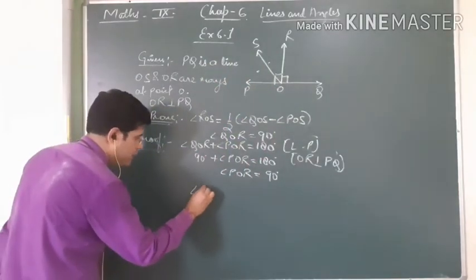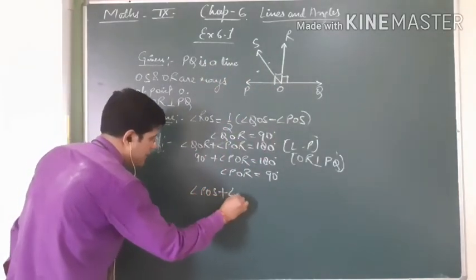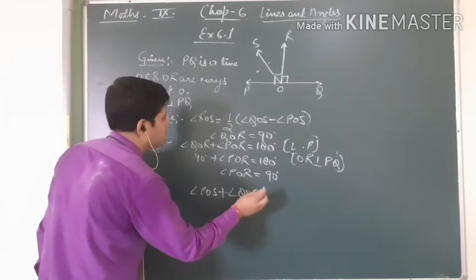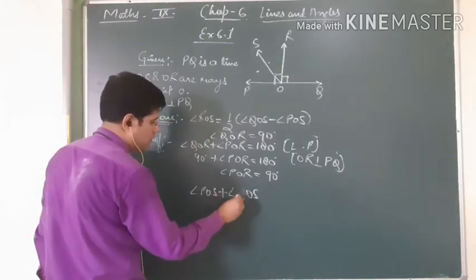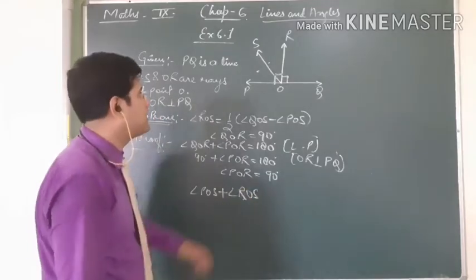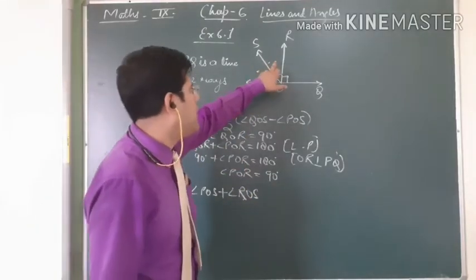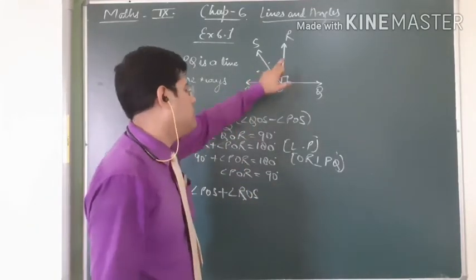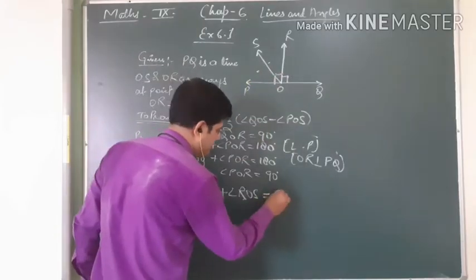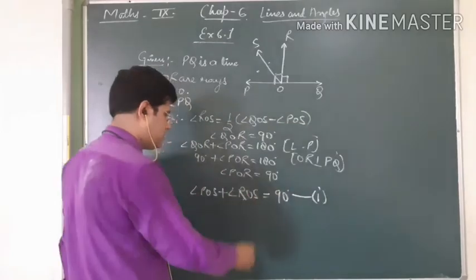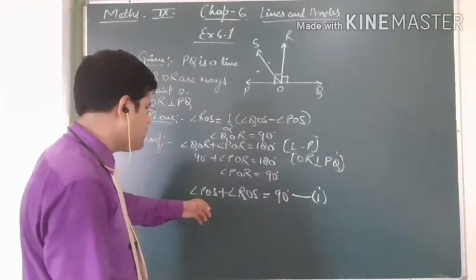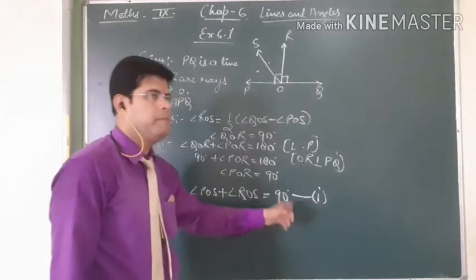So angle POS plus angle ROS, not QOS. So here we can take angle POS and angle ROS. They form 90 degrees. Because I stated POR is 90, so here we can write easily POS plus ROS is equal to 90.